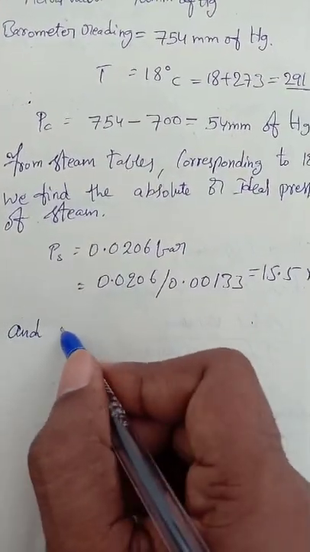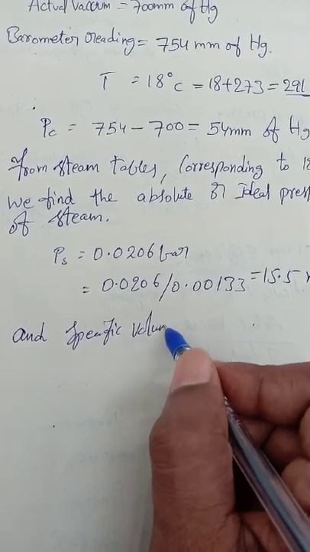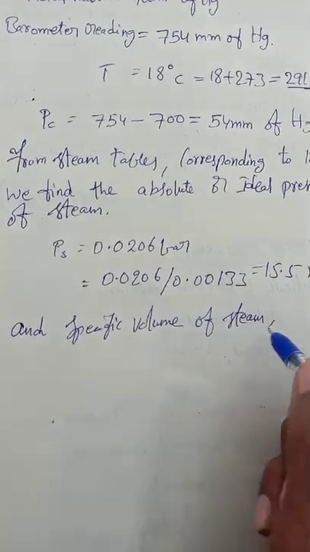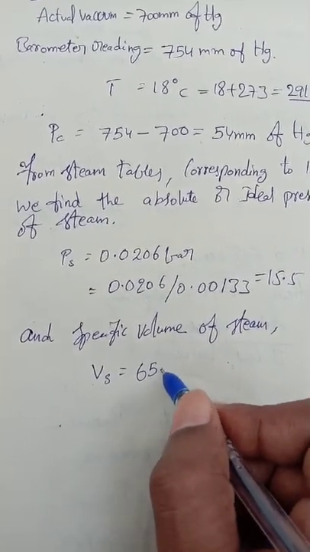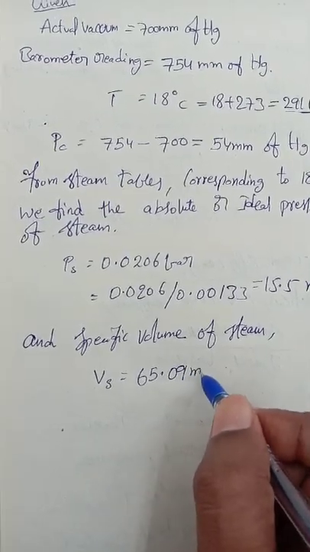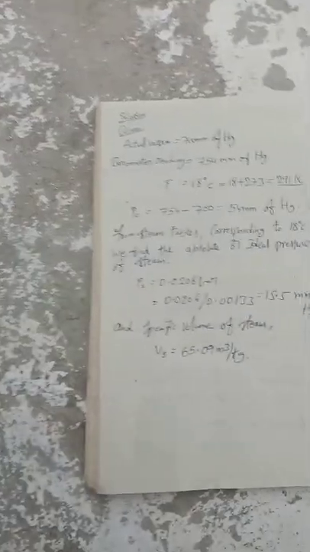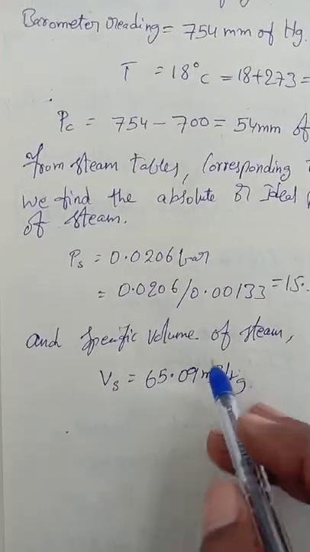The specific volume of steam, Vs, is equal to 65.09 meter cube per kg. These values are taken from steam tables.